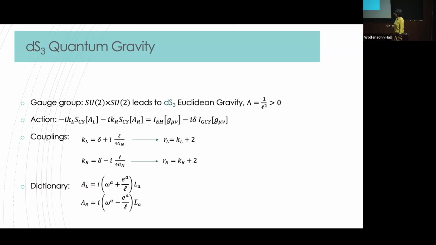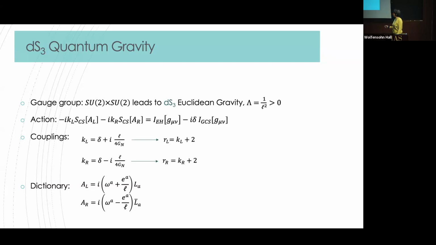So the imaginary part of the level is actually what gives you the Einstein-Hilbert component. The real part of the levels in the Chern-Simons theory is what gives you what I would call the gravitational Chern-Simons term here. Okay, so this is the relationship between the couplings. As we quantize the theory, these levels get shifted by 2.